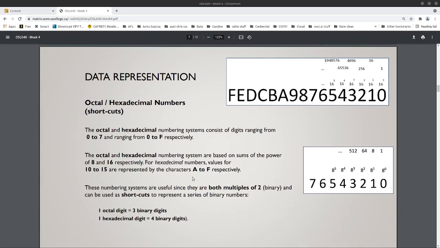Hexadecimal and octal are very similar. They're just hexadecimal is a base 16 and octal is a base 8 numbering system. Same concept, just different base. So with octal, we'll look at first.